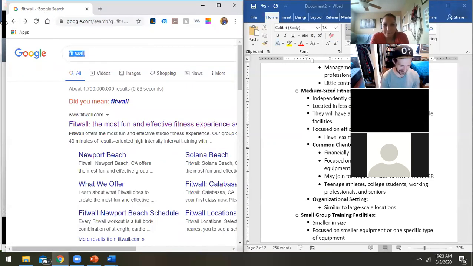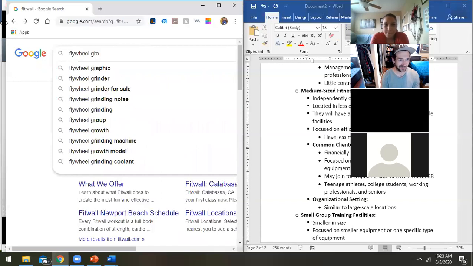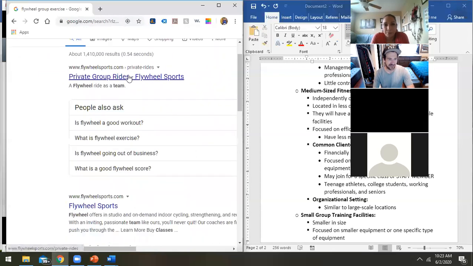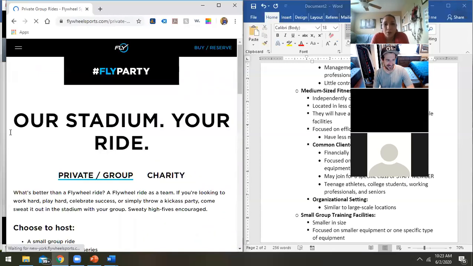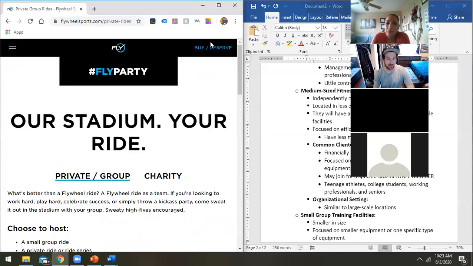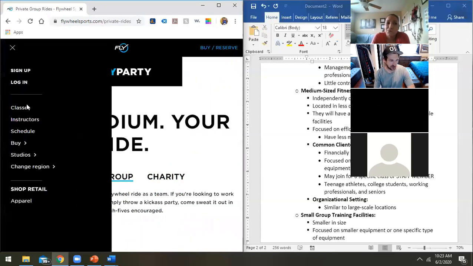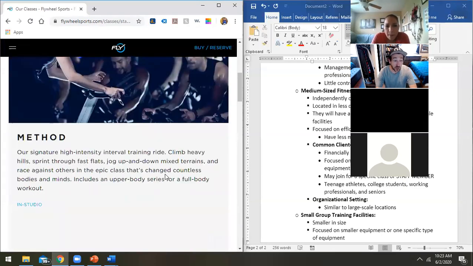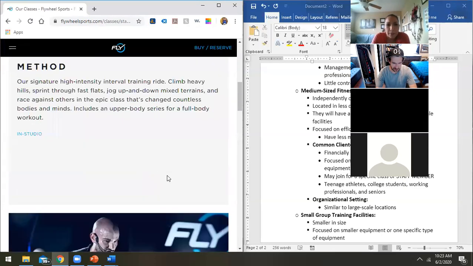Let's see, what were some of the other ones, like the Flywheel group exercise classes. Flywheel Sports, they're like a spin class, except they're on the Flywheel bike. Seriously, you don't have pictures? Come on, there we go. Oh wait, Flywheel is the normal spin bike.